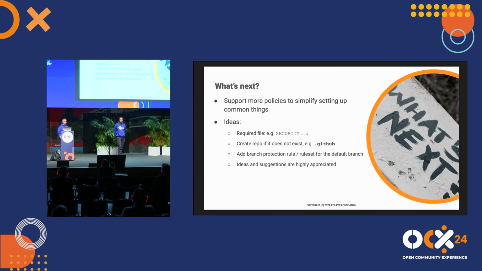So if you don't have one specific to your repositories, at least there's one, maybe a generic one, in your organization that is then inherited automatically by all your repositories. Another policy would make sure that the .github repository exists, because it's very useful, especially to create a generic SECURITY.md file. Another would add branch protection rules or rule sets for the default branch as a good practice.